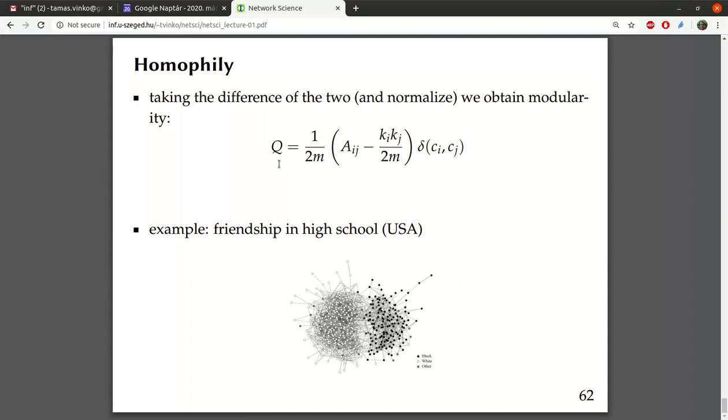So what we are getting is basically a measure which is a number between 0 and 1, and a larger Q value means that the network which we are dealing with has communities inside.